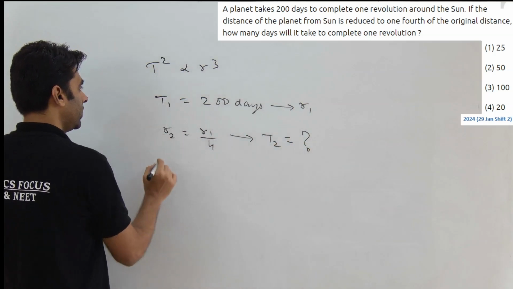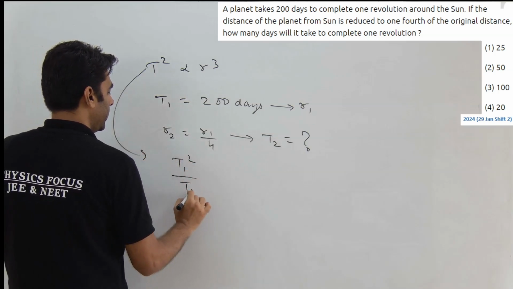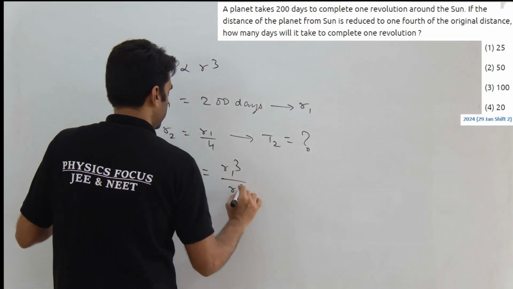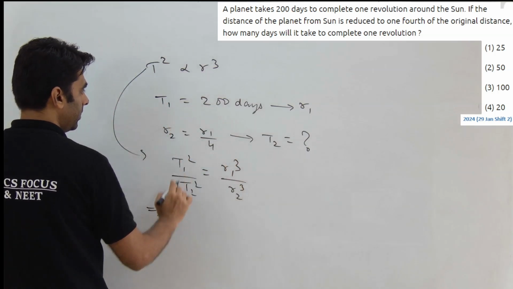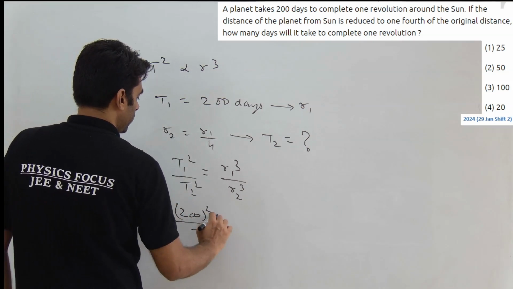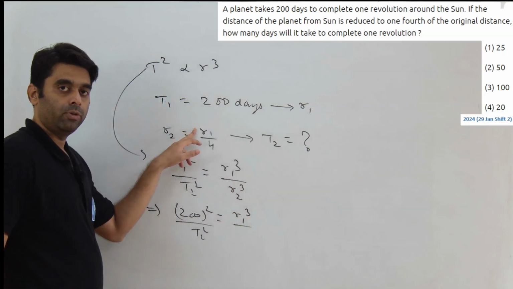Let's substitute over here. So from this, what can we write? T1 square by T2 square is equals to R1 cube by R2 cube. Substituting values over here, T1 is 200 whole square by T2 square is equals to R1 cube by R2 cube, and R2 is what? R1 by 4.